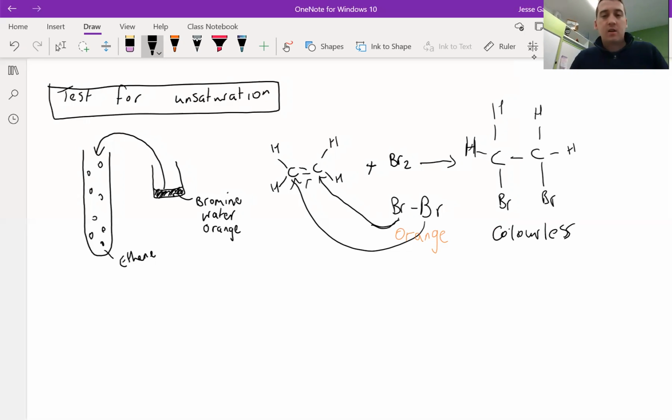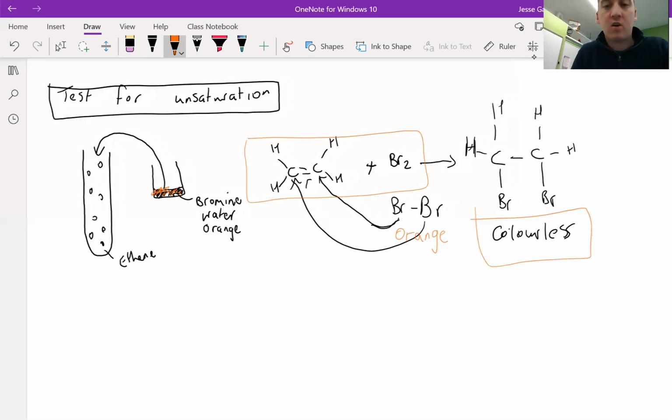So when we add the bromine water, which was an orange colored liquid, and mix it, if ethene is present, this reaction will happen and you will get a colorless product formed.